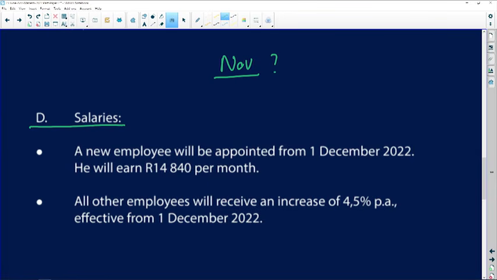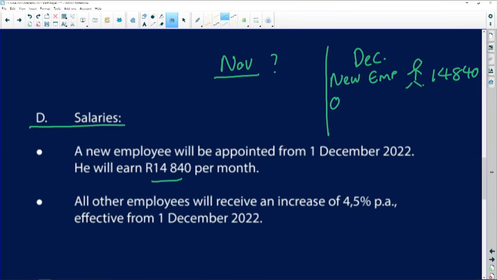He will earn 14,840. Okay, so in December, we've got a new employee, right? So there's my new employee, and he is earning 14,840. All other employees will receive an increase of 4.5% per annum effective from the 1st of December 2022.